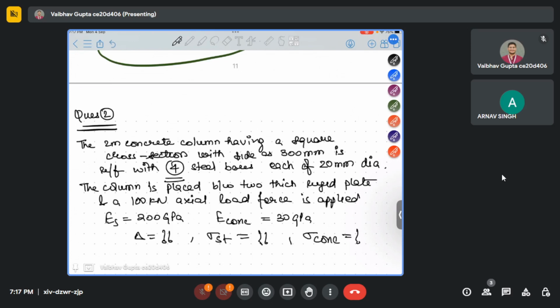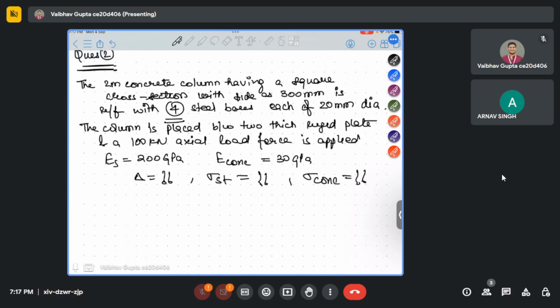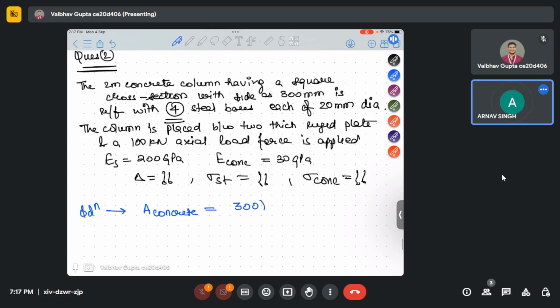Now to move forward with this question, first of all, 2-3 things we'll calculate. See the solution. First of all, what is the area of concrete? It's a square cross section, so the area is side squared, nothing but 300 square.